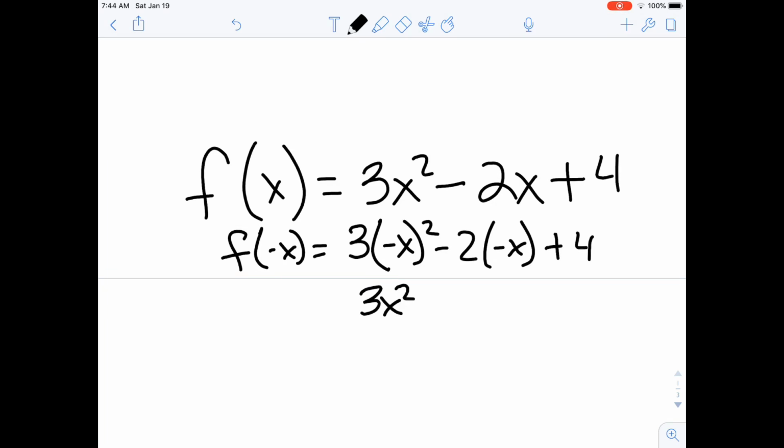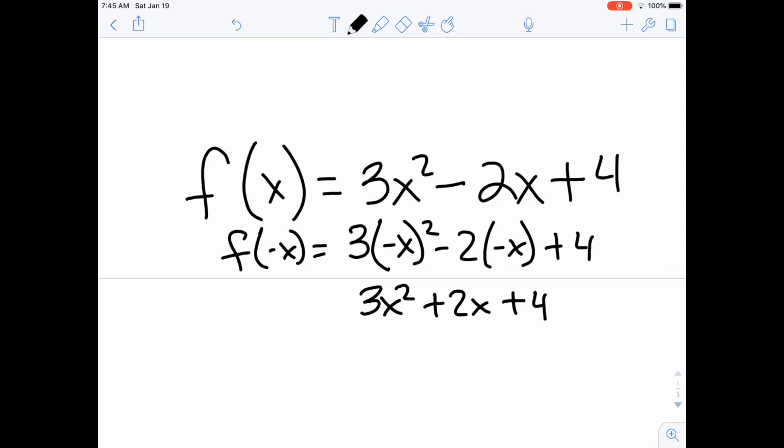Negative 2 times negative x would be plus 2x, and then you have plus 4. Okay, so now you ask yourself, does this match my original equation? Well, everything matches except for my 2x. My original equation was negative, now it's positive, right? So it's not even. And then you ask yourself, okay, is everything the same, but the signs are different?